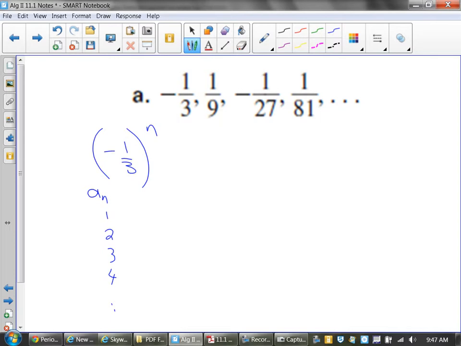You start to play around with different values. Sometimes it's not the multiplying, sometimes it's the exponent that makes it work. Because if you think about it, whenever you have even exponents, don't they become positive? Odd exponents can be negative. So if n is 1, you have negative 1/3 to the first power, negative 1/3 squared, negative 1/3 cubed, and so on. That's how it's going to work out.